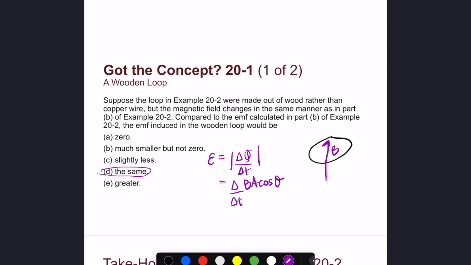There's nothing in here that explains what the conductivity or resistance of that material is.